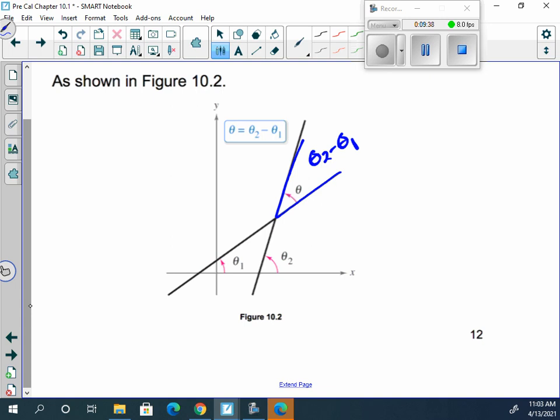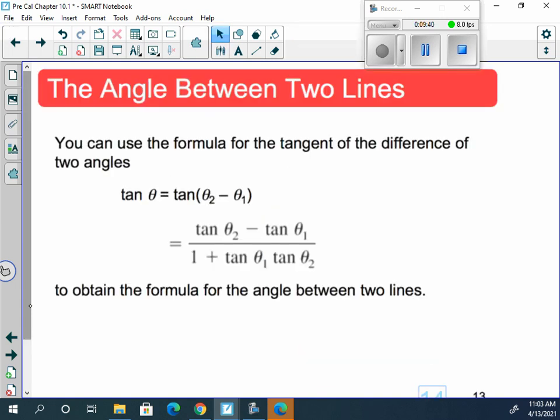Now, it'd be nice if we do have a formula for this. And we do, and we can take that tangent of theta is equal to tangent of theta 2 minus theta 1. And using our difference of angles formula, our subtraction of two angles, we get this formula here.